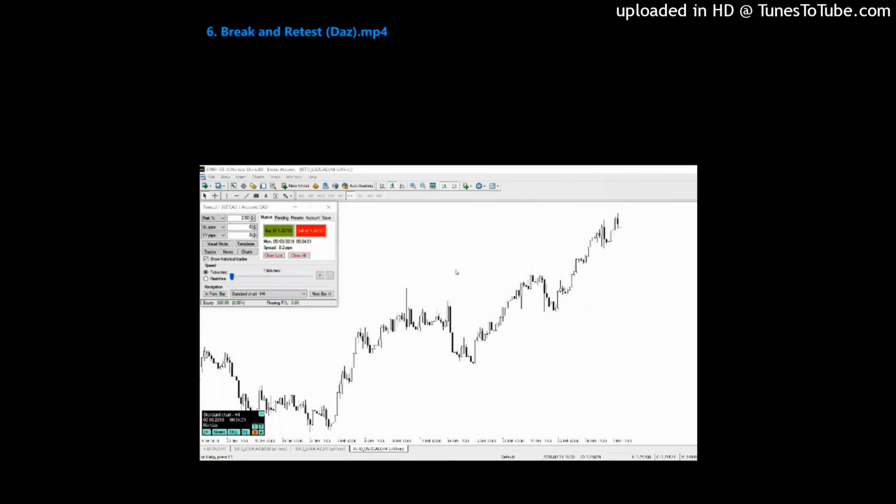Let's draw this out for you so you can see how far away it is. So this is your stop loss range. This is your 1R. This is your 2R. This is your 3R.